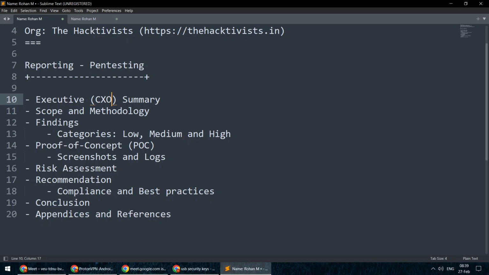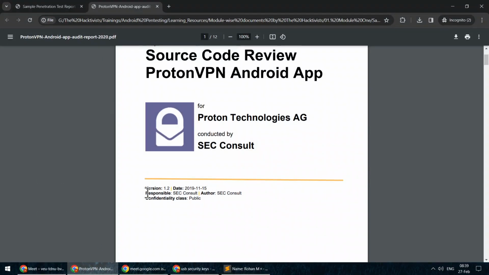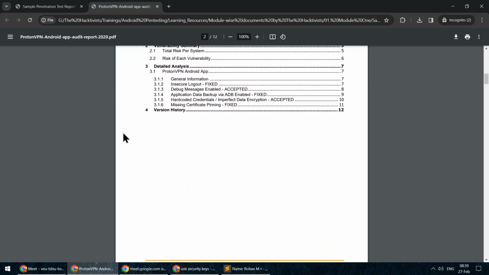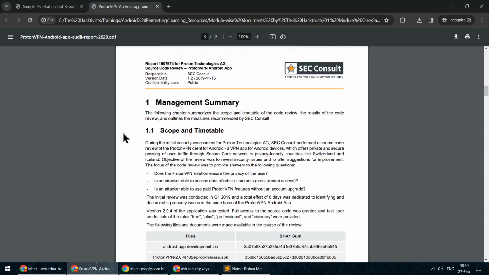Executive summary is usually less than one page. It only covers a high level, non technical summary of what all things have been found during the complete engagement. For your reference, I have already kept a few reports here.